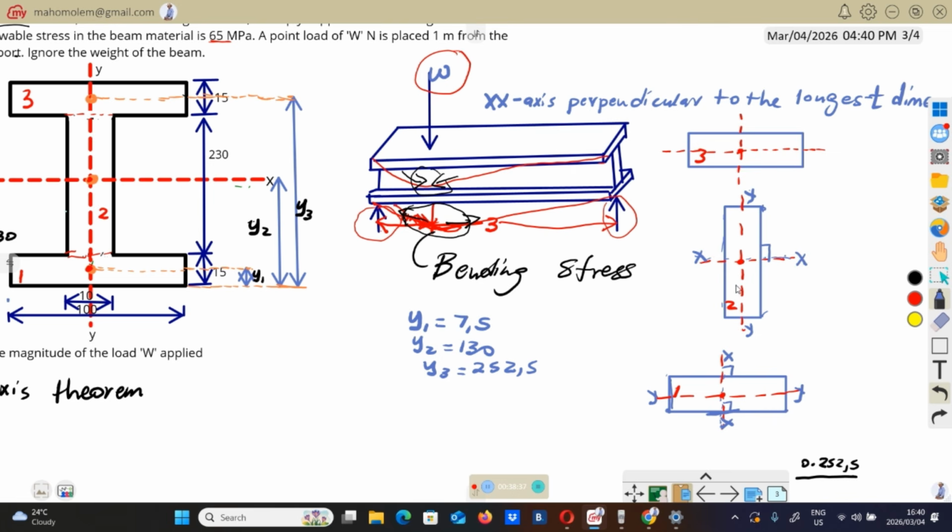So this XX will represent the strong axis, YY will represent the weaker axis. Okay, you do the same thing here, perpendicular to the longest dimension. Here, we call this thing XX. Parallel to the longer dimension, we're going to call it YY.